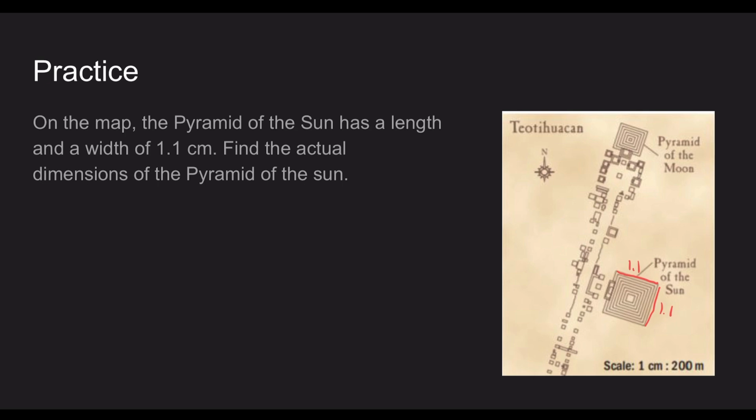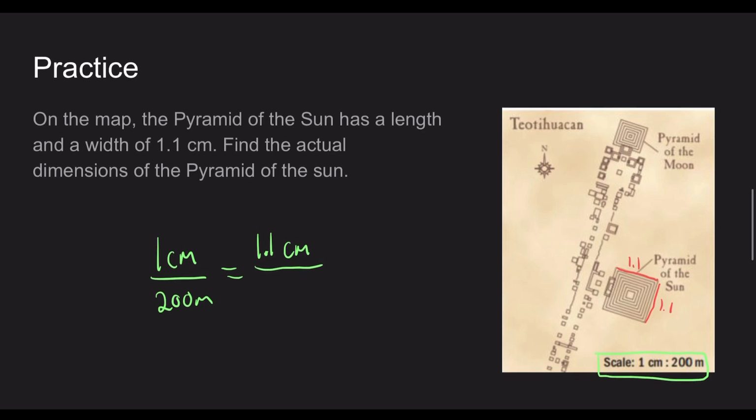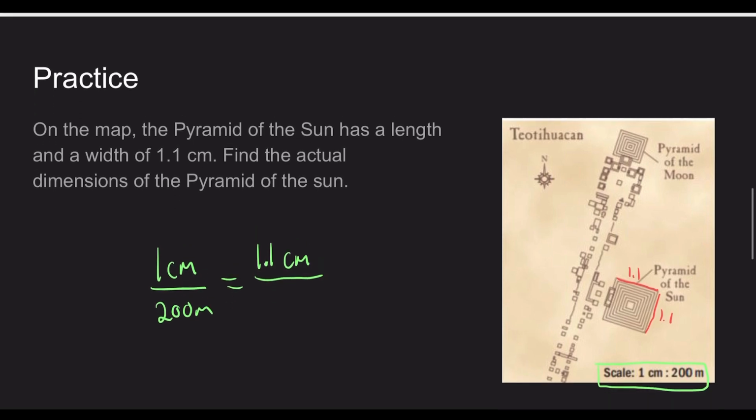So, same as before. We got our scale. That's a ratio, so we're going to keep it together. 1 centimeter over 200 meters. Again, we've been given the map's distance. So on the map, it's 1.1 centimeters. We want to know what it's like in real life. So that's what we don't know. Notice how centimeters are lined up, ratios together. We're all good to go.